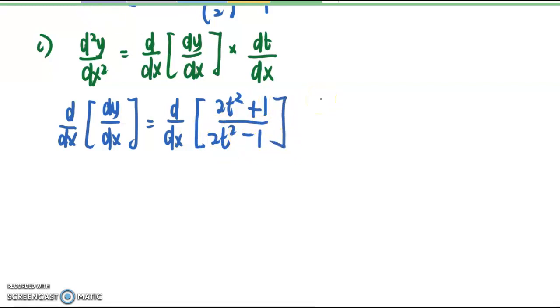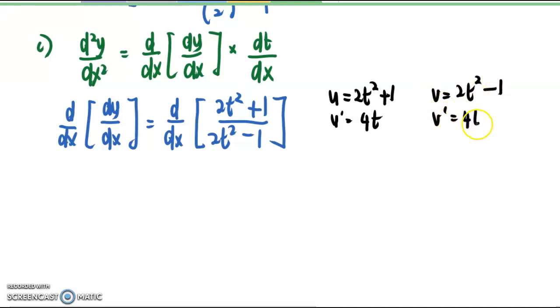Okay, here we are going to use quotient rule, where our u equals 2t square plus 1, u prime equals 4t, v equals 2t square minus 1, v prime equals 4t. Apply the rule of quotient.